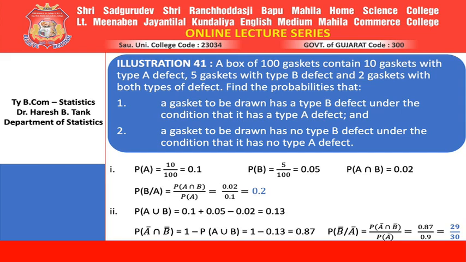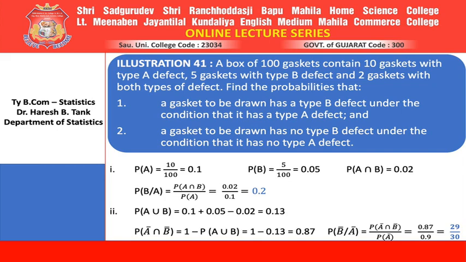Find the probability that a gasket to be drawn has type B defect under the condition that it has a type A defect. And the second one is a gasket to be drawn has no type B defect under the condition that it has no type A defect. Okay, put everything in a formulaic form. That will make everything clear.